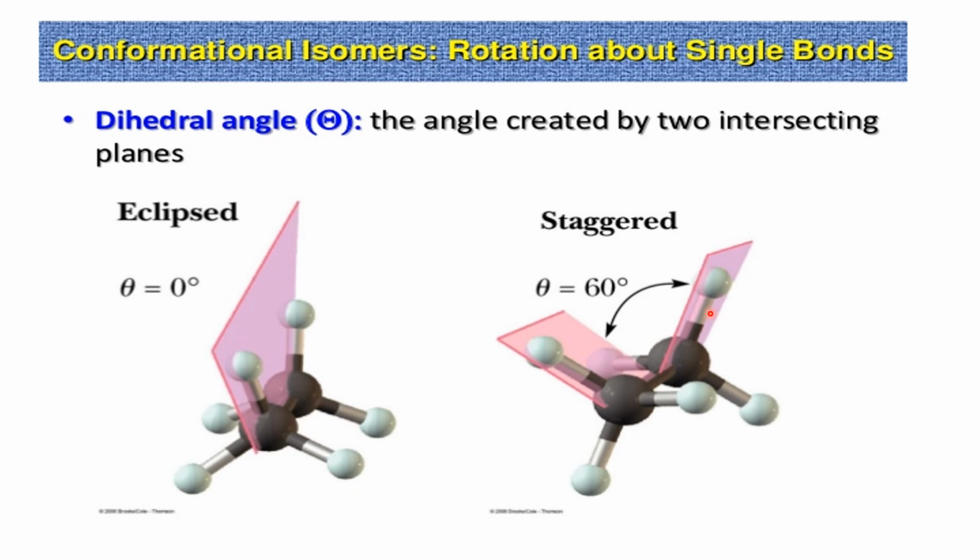That means the intersecting planes create an angle of 60 degrees. So for this first staggered conformation, the dihedral angle theta is equal to 60 degrees. So for any conformation, we have to think about the dihedral angle, that is the angle created by two intersecting planes when carbon-carbon single bond rotation occurs.